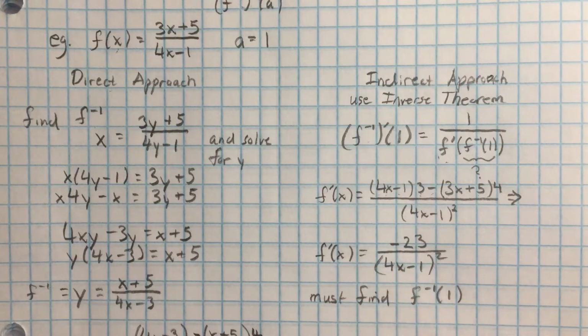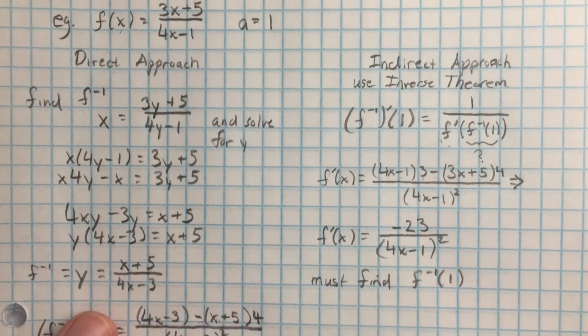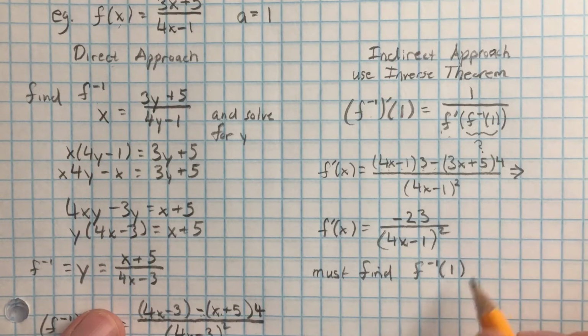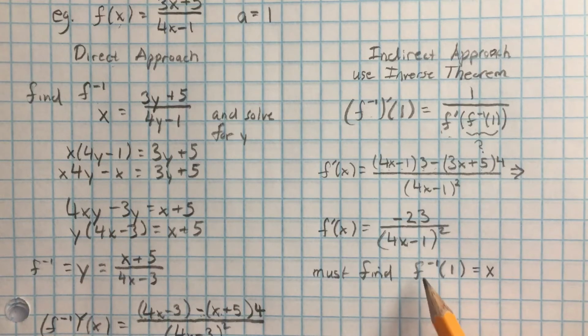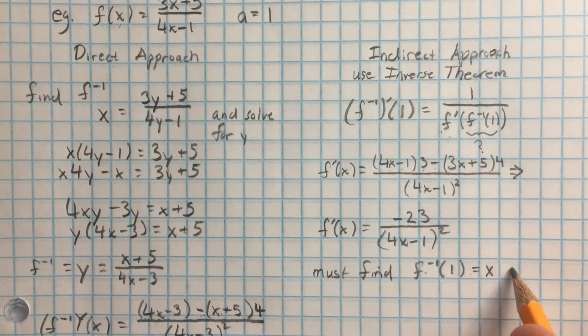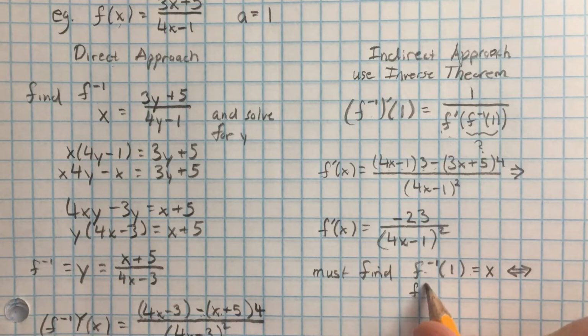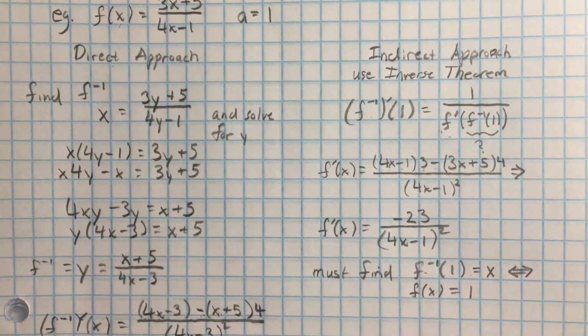Right? So to find f inverse of 1, that would mean it equals some x value. But if the inverse of a function at 1 is x, then equivalently, the original function at this value, the one we don't know, must be 1 itself, right? Because again, inverse functions just switch up the role of x and y, right?